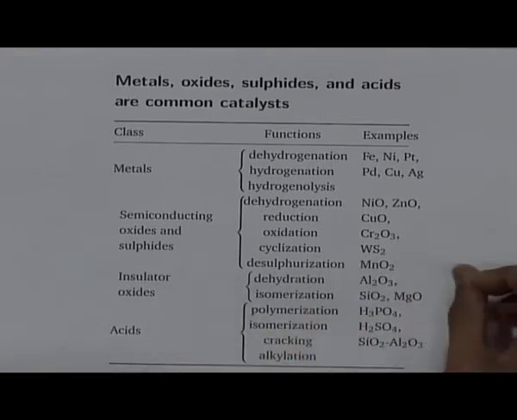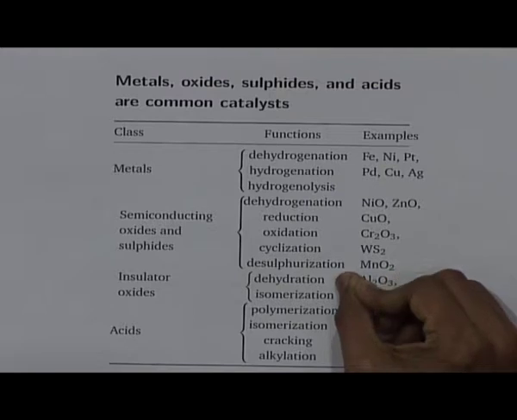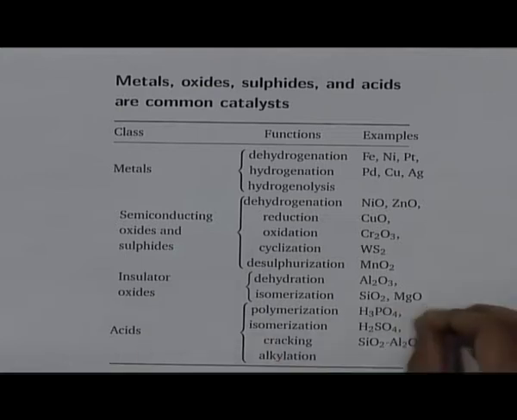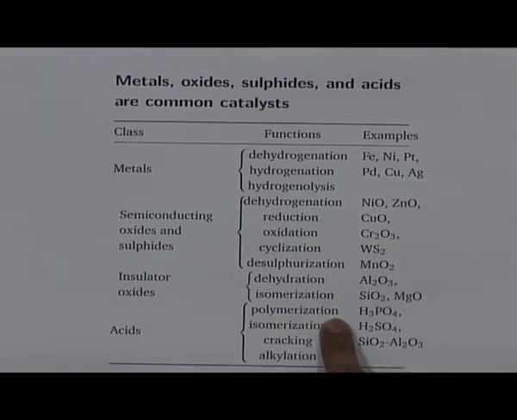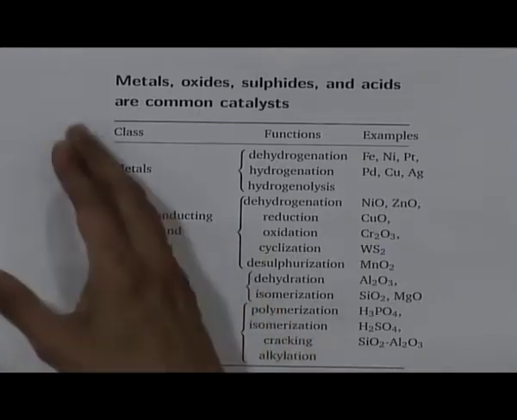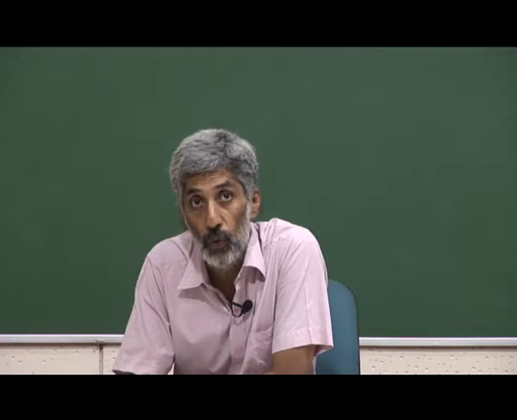Insulator oxides of the type that we have written out here could be used for dehydration and isomerization, and acids like phosphoric acid, sulfuric acid, and Lewis acids like silica and alumina could be used for polymerization, isomerization, cracking, and alkylation. So, you find that all kinds of materials, metals, oxides, metal sulfides, acids, and I have not listed here 2 very important classes of catalysts.